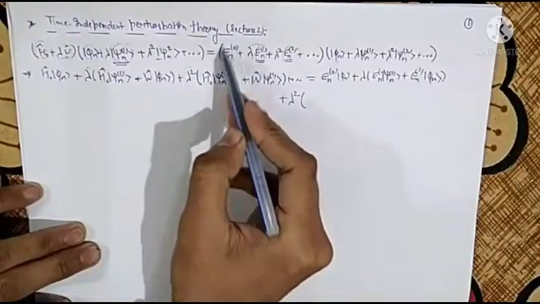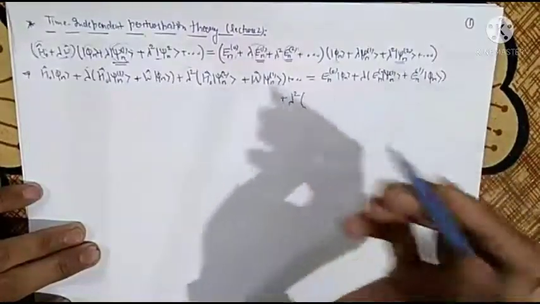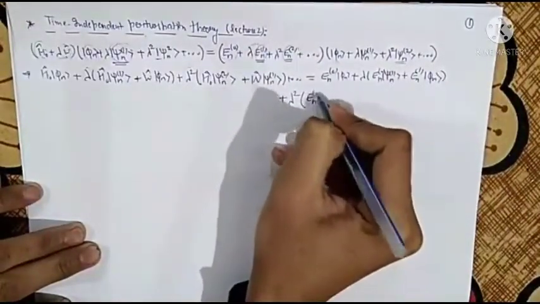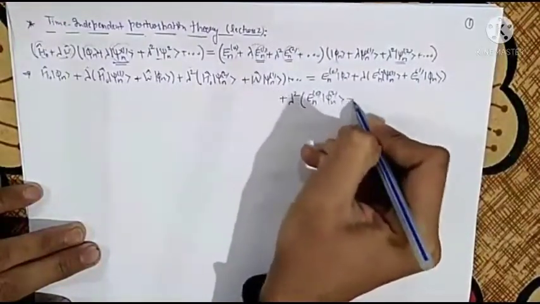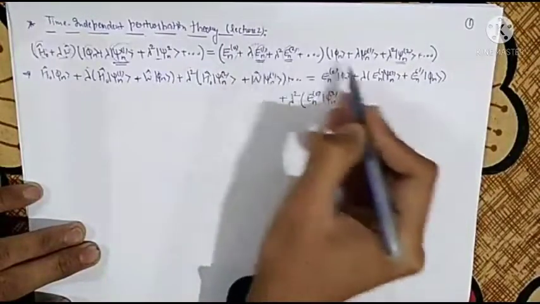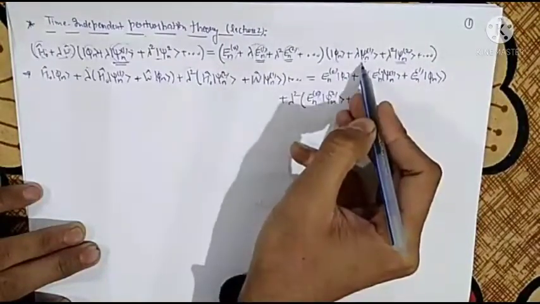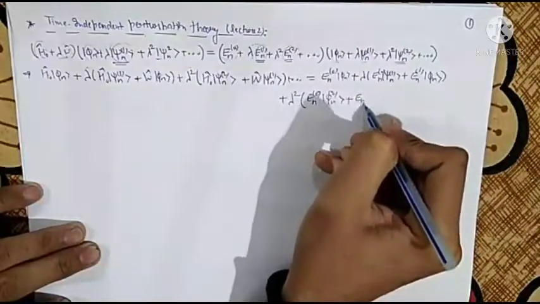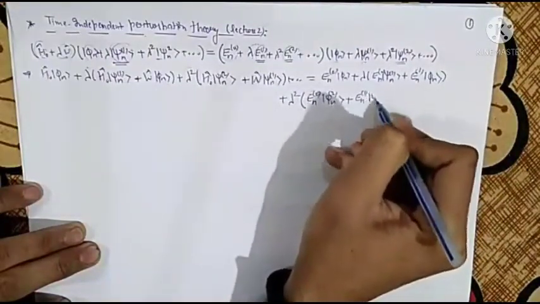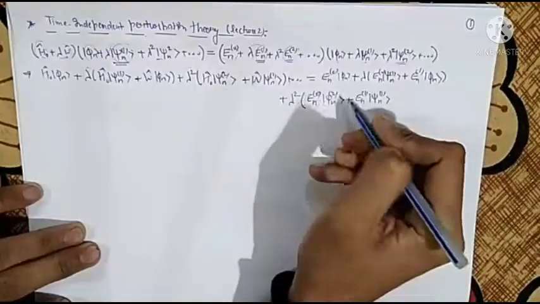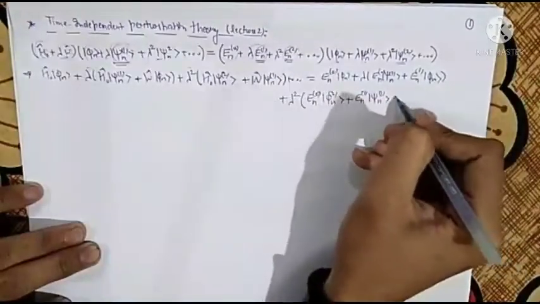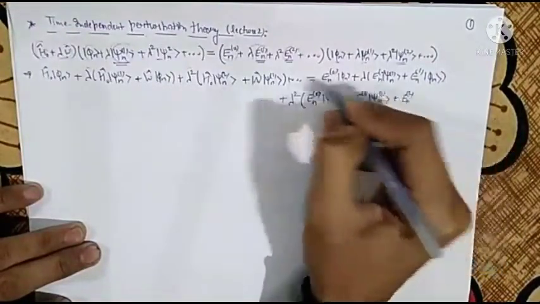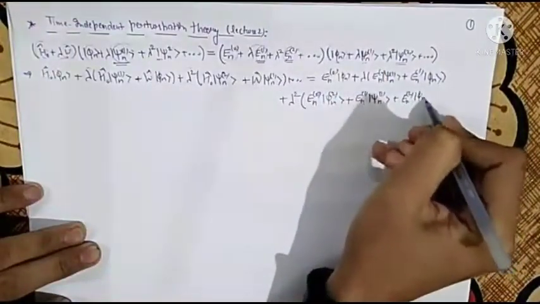This term has to be multiplied with this particular term, so it will be E n naught multiplied with psi n2, plus this term has to be multiplied with this term, so it is E n1 into psi n1, and this term has to be multiplied with this term, it is E n2 multiplied with phi n, and so on.